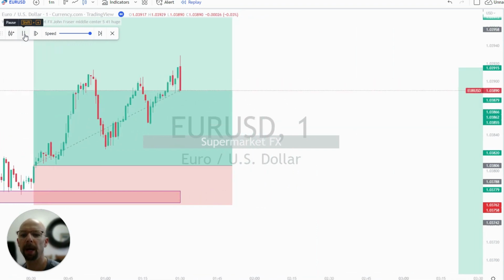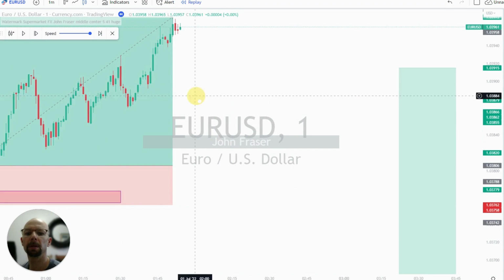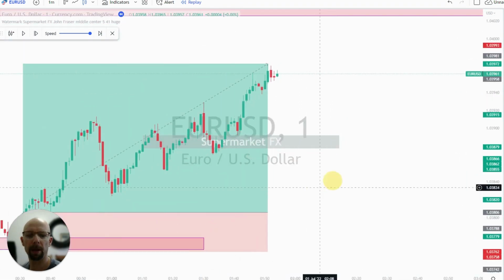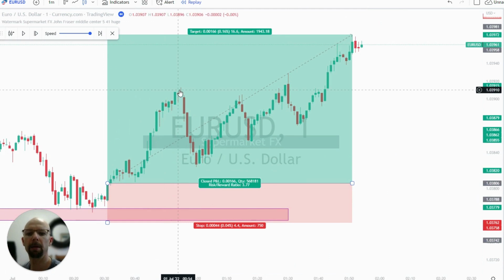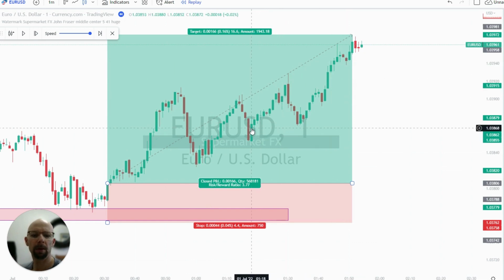Now, I could come back and hit it, but you could see with this one, this actually worked out fairly well. It didn't come back. You could have taken another partial along the way if you wanted to. And this was a 1 to 4.4, so not bad.